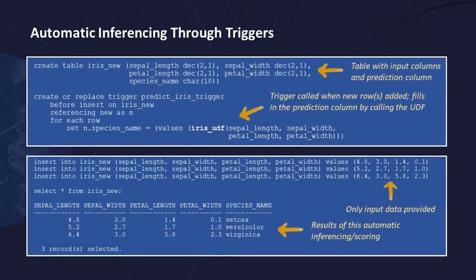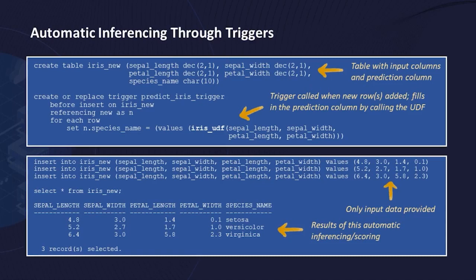As I was trying all these different things out, I was wondering how else you could take advantage of an inferencing UDF. And that got me starting to think about triggers. It occurred to me that you could automate inferencing of new data coming into the database through a trigger.